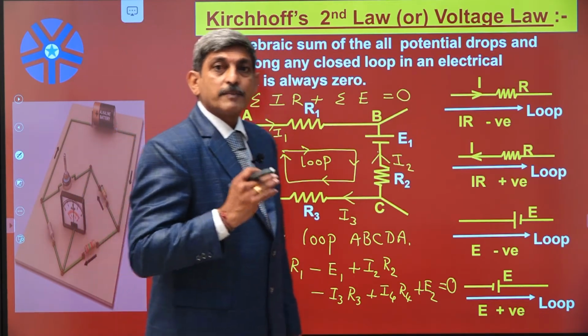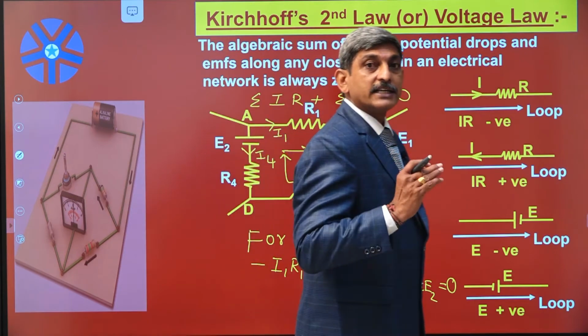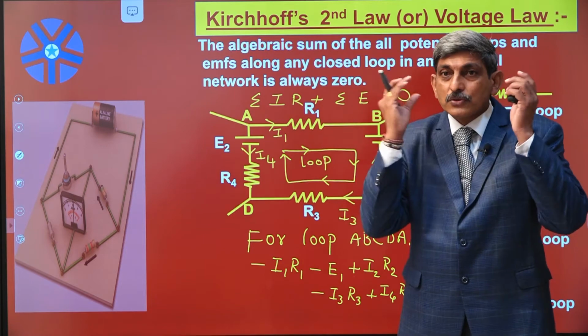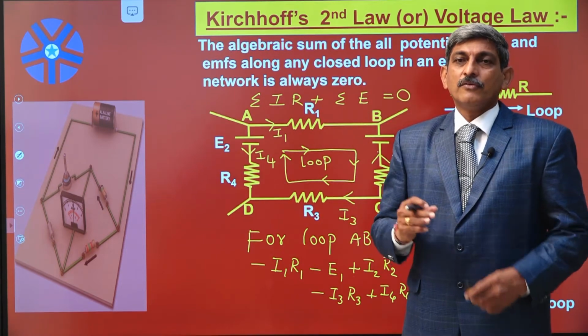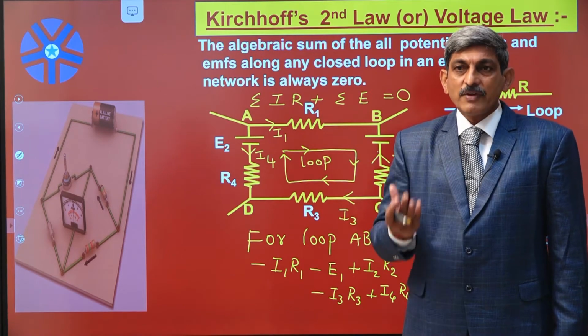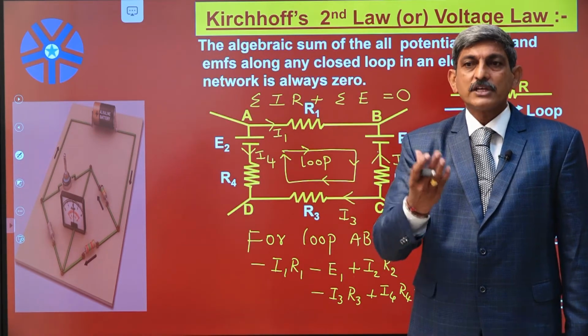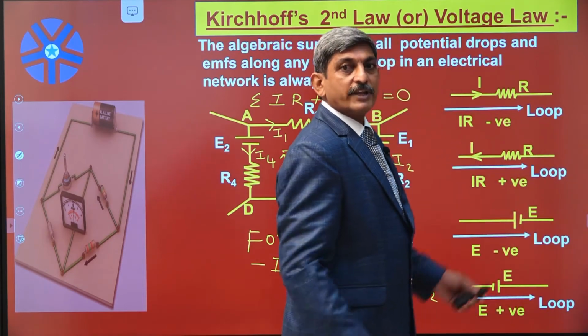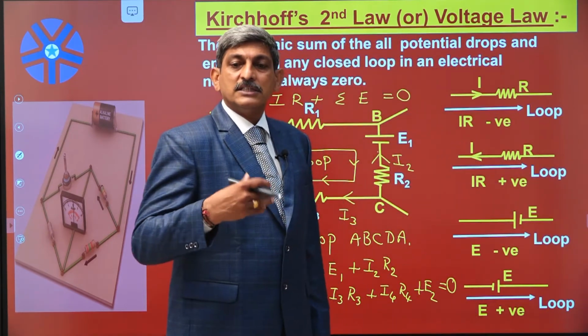So whenever we are applying Kirchhoff's current law and Kirchhoff's voltage law for electrical networks, we have to keep these rules in our mind: which drops are taken as positive, which drops are taken as negative, which EMFs are taken as positive, which EMFs are taken as negative. Then we can apply the law in the easiest way.